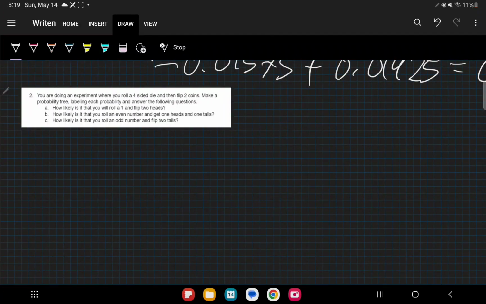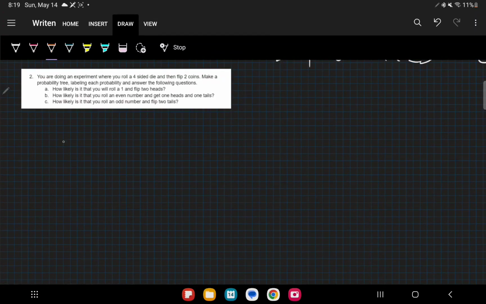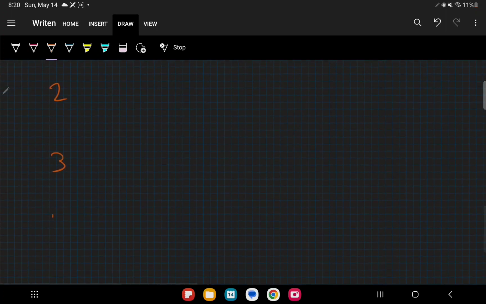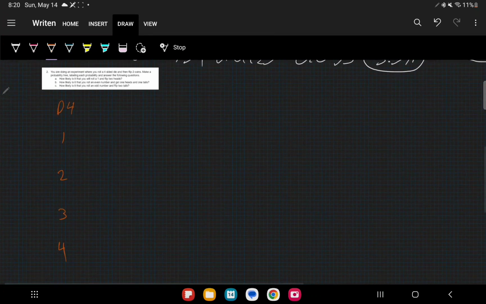Let's start with our probability tree. So we have a 4-sided die, so we're going to use D4. So D4, we have 1, 2, 3, 4. So that's our D4. Then we'll do this.